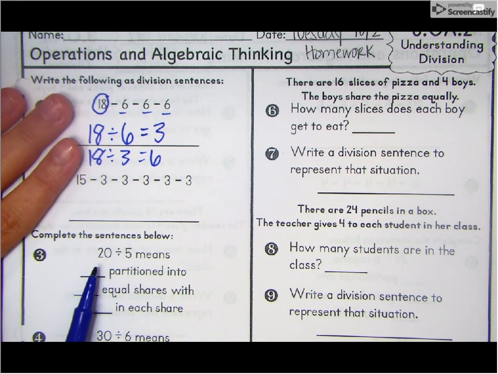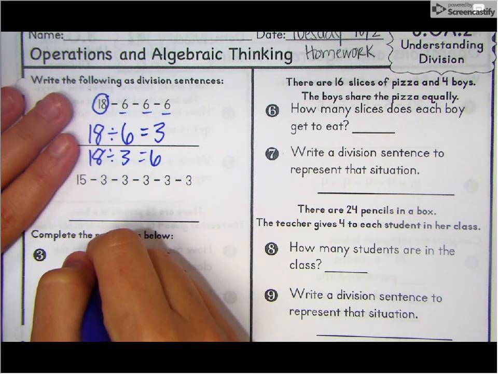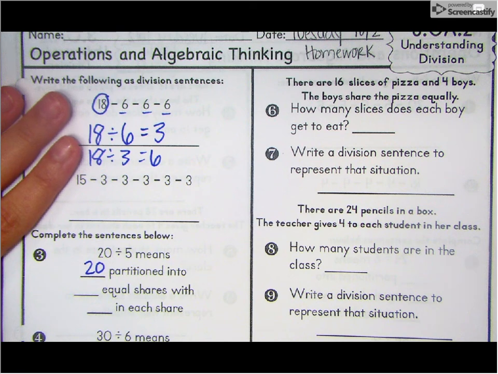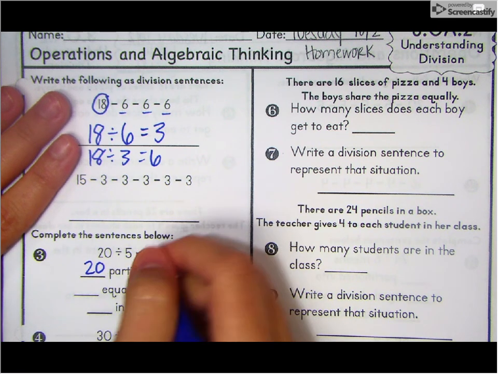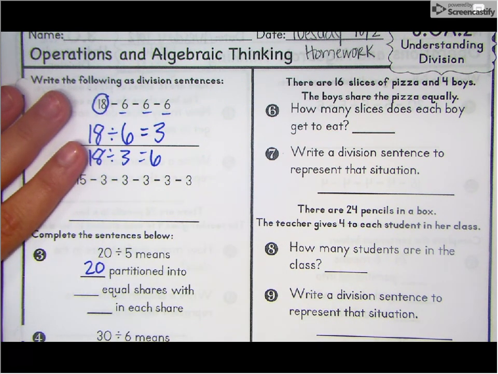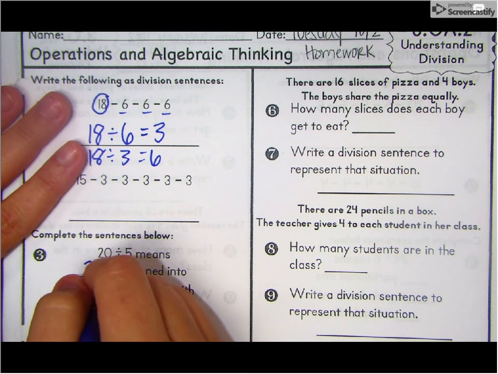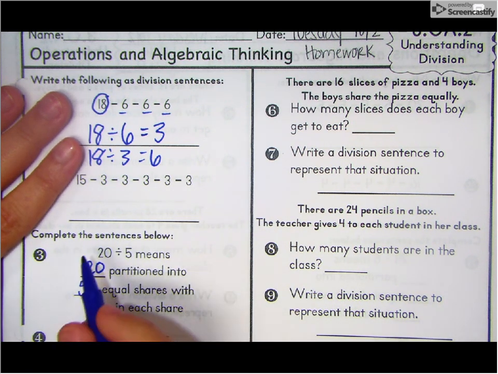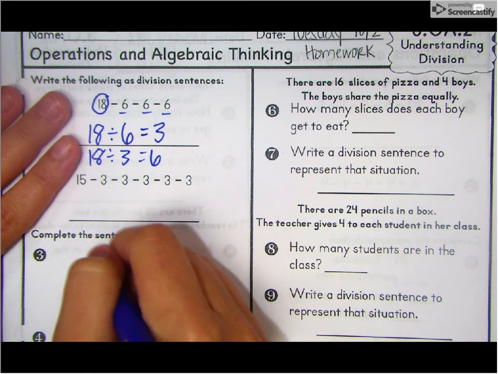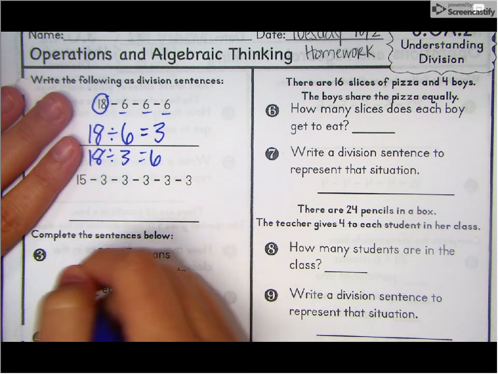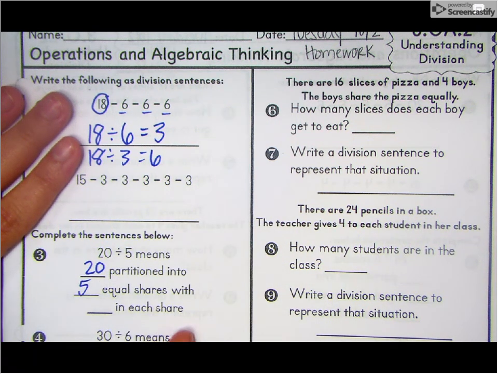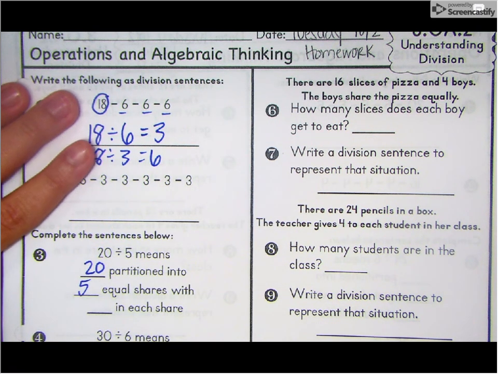So we always start again with the largest number. 20 is the one that's being divided or partitioned into equal shares. And we know 5 is going to be how many equal shares we have. So we're just going to do it the way the problem is. We start with our first number that's being divided, what it's being divided by, and then we find out how many go in each share.